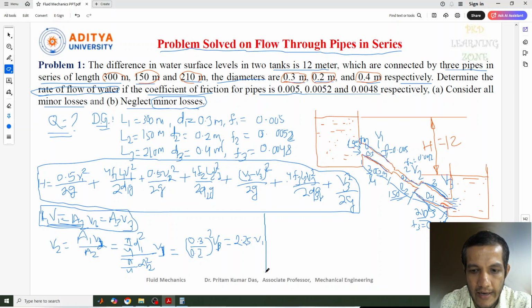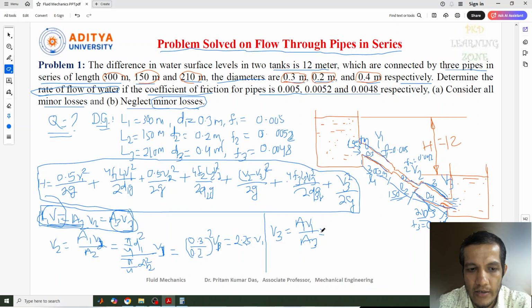Now similarly, if I write in terms of V3 and A1, A3 V3 equals A1 V1, so V3 equals A1 V1 by A3. Again pi by 4 d1 square by pi by 4 d3 square.